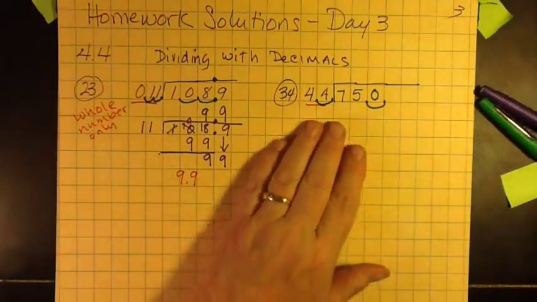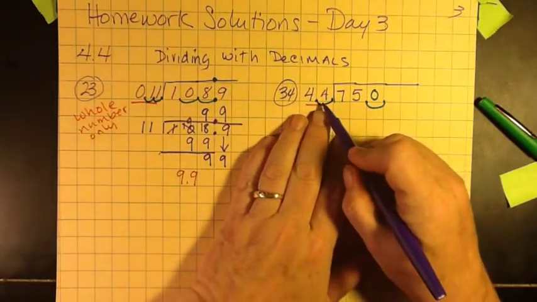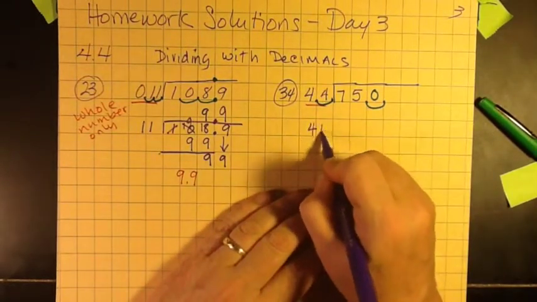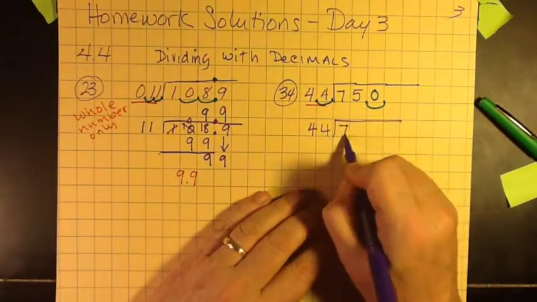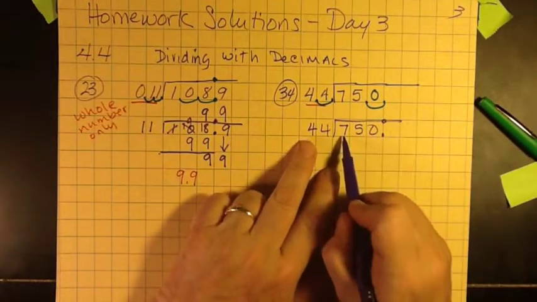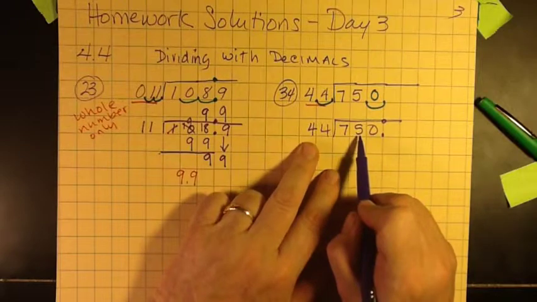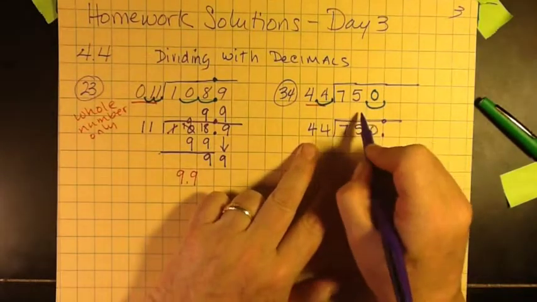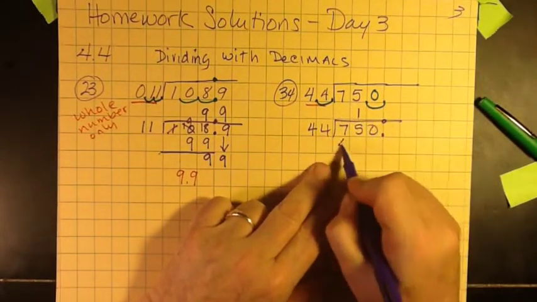Let's look at this other one. 44, we're going to do 44 into 750. So 44 doesn't fit into 7, but it fits into 75, and that would happen one time.